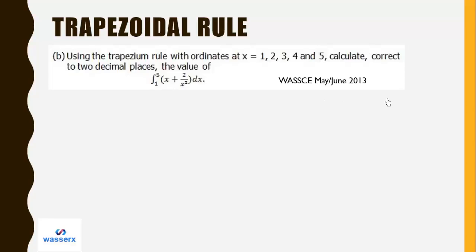So we know that we can form a table of values for this. f of x is equal to x plus 2 over x squared.